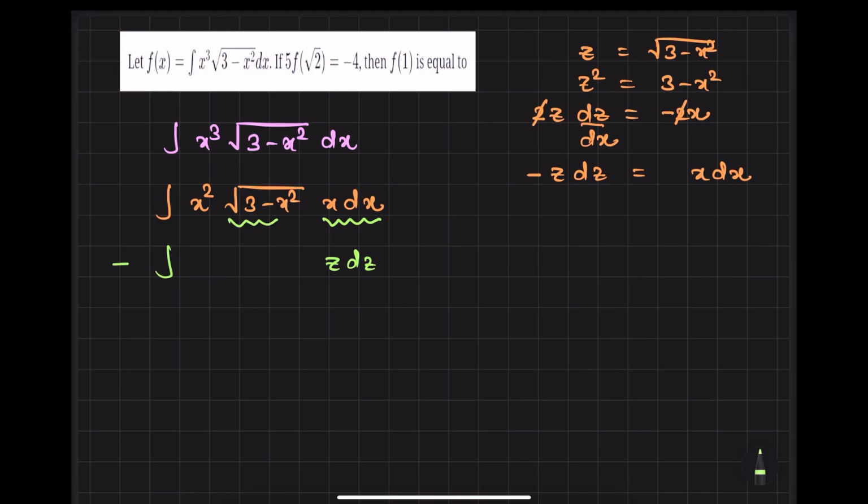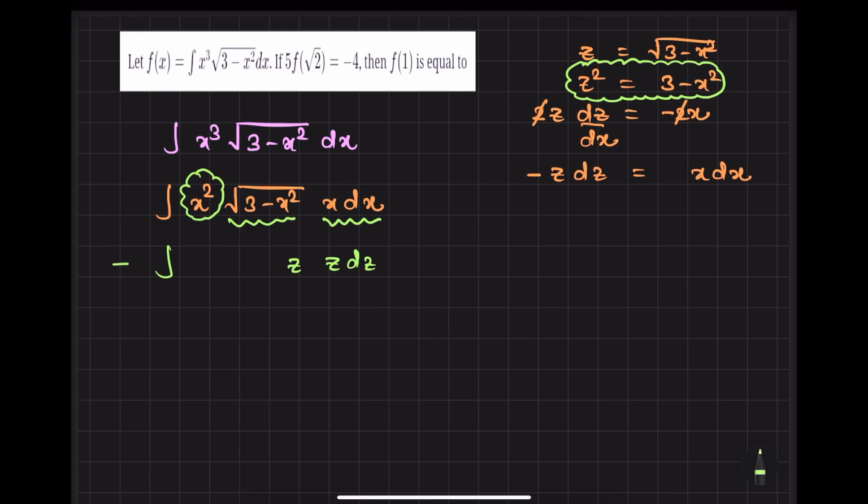Now what is this component? This component was z. Okay, so can I take that thing as z? Now you have to convert this thing also in terms of z. For that you can take help of this scenario. Look at this. From here you can extract the value of x square.